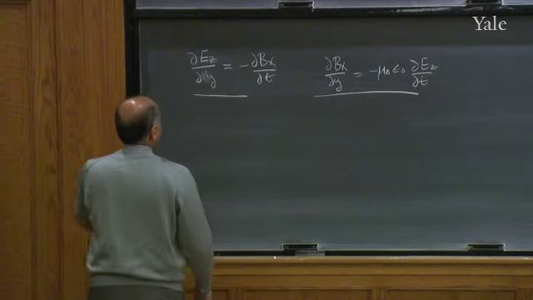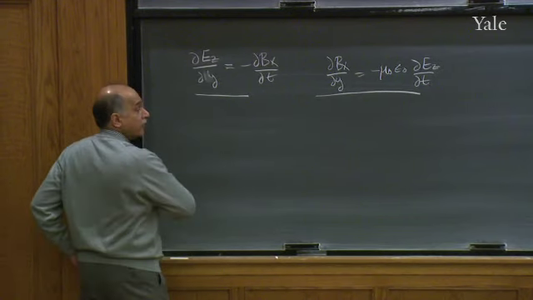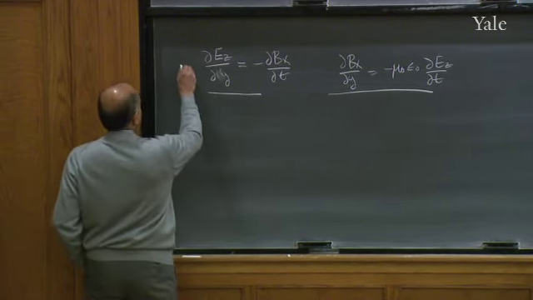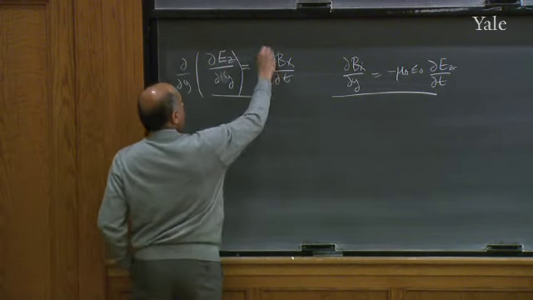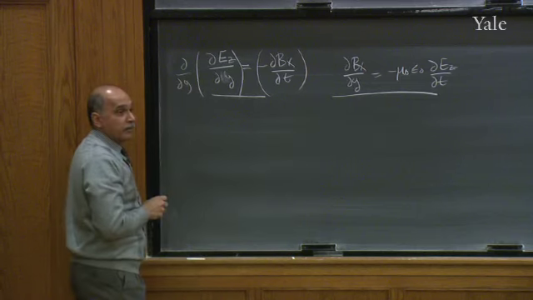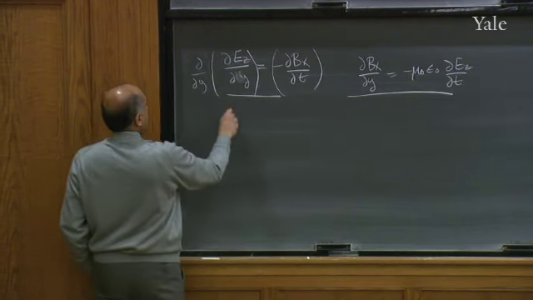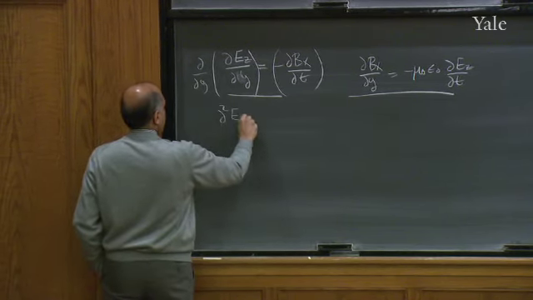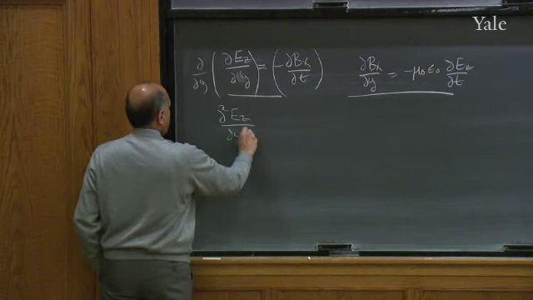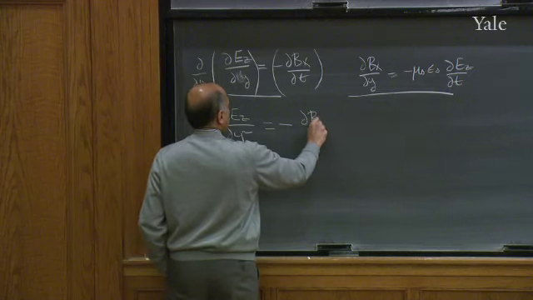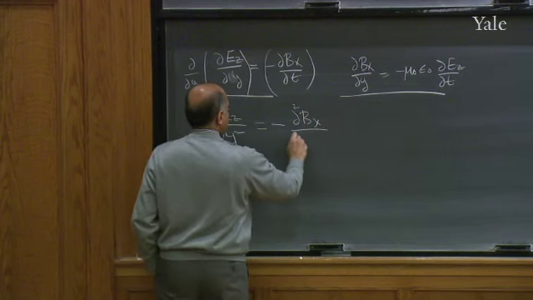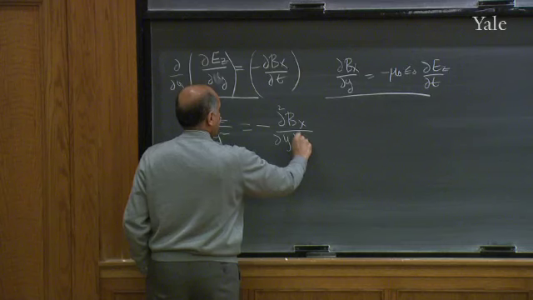So let's do the following. Take this equation, take its y derivative of both sides. In other words, I want to take the y derivative of this, and I want to take the y derivative of that. Then here you will get d2 Ez over dy squared is equal to minus dBx dy dt.